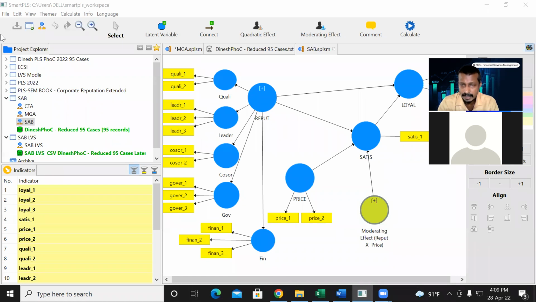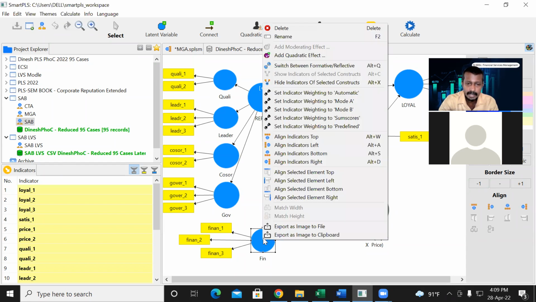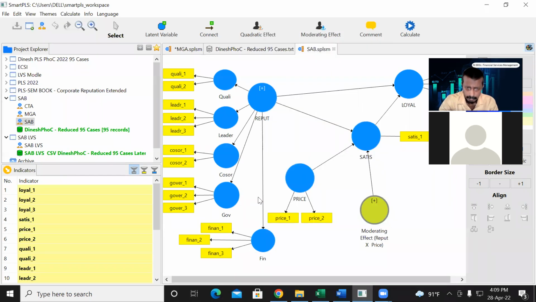But in PLS, the advanced function is you have both. In your model, like now here you can see in this shared screen, this is a reflective model. But sometimes with the reflective, certain things can be formative. I have that option here. Last time also I mentioned. Now look at here. Can you see the screen shared?